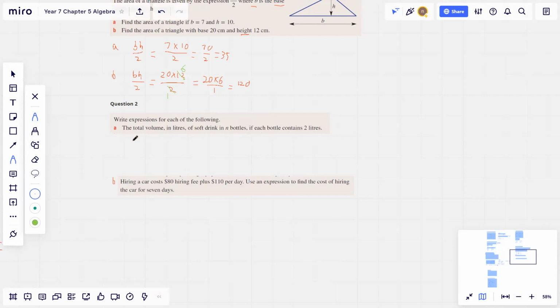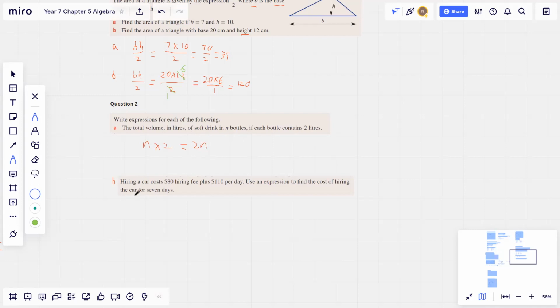So in our expression, we use the number of bottles, n, times how much each bottle contains, 2. That's the total volume, which you can write as 2n. 2n is our final answer for the volume.